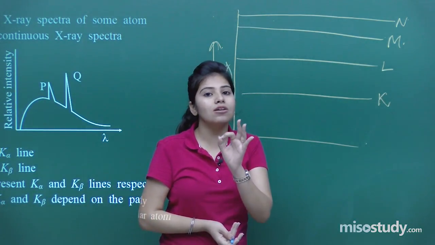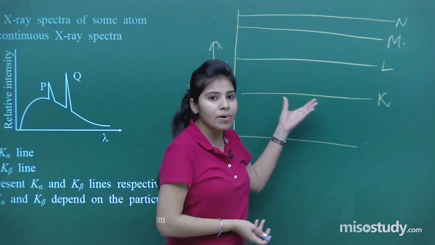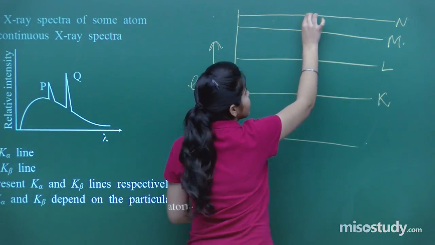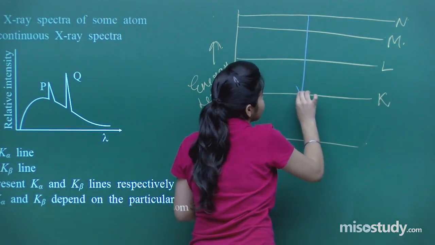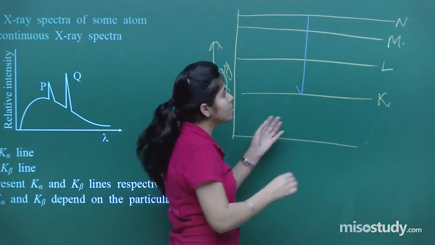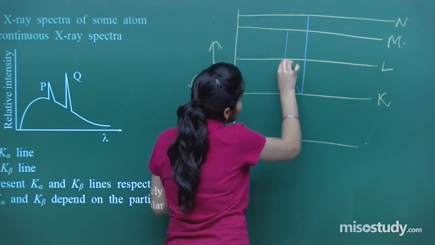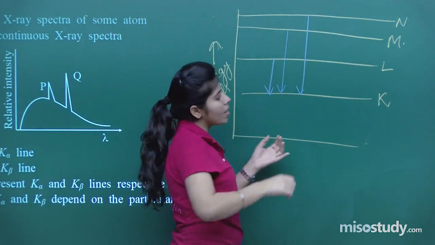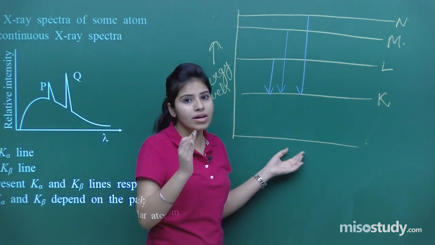The K lines are those lines which come from any higher energy level to the K shell. So if the line is coming from the N shell to the K shell, that will be a K line. If it is coming from the M shell to the K shell, that will also be a K line, and L to K will also be a K line.